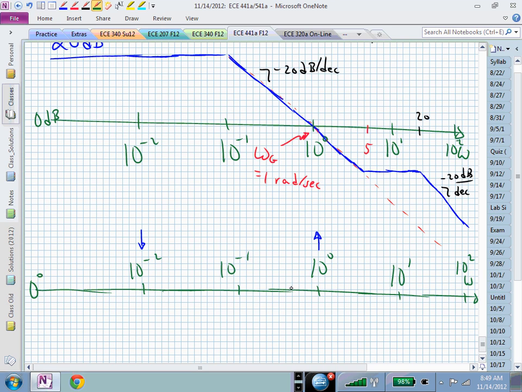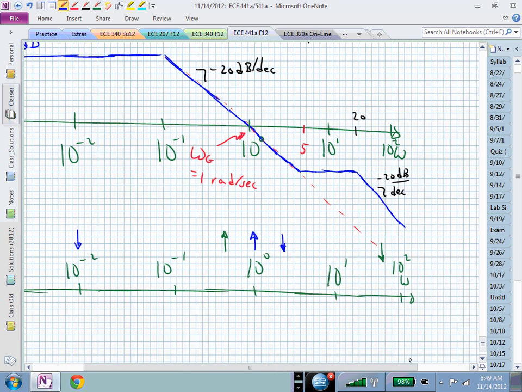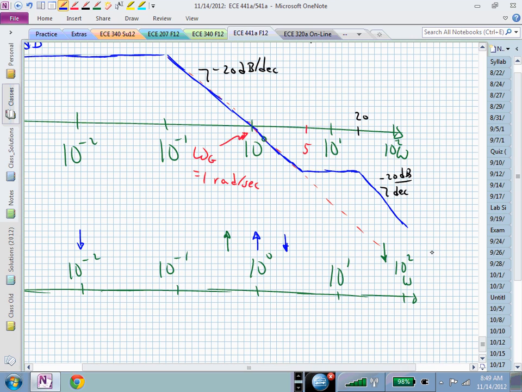We need to go back a decade before that, so now we will get something going up because it's a 0 initially, the slope, and then it will shut off at 50, which is right there. And I'm going to run out of paper. Then we have our 0 at 20. I'm sorry, our pole at 20, so it's going to kick on at 2, going down, and then it will kick off or quit sloping at 200, which is then out here in location.